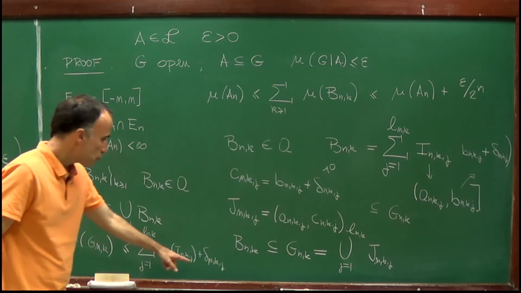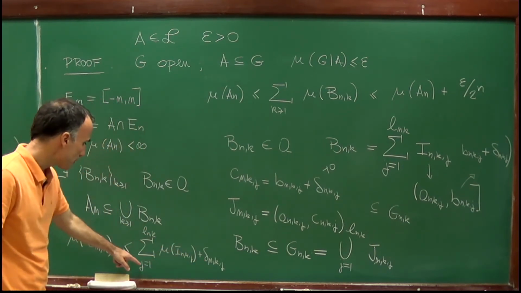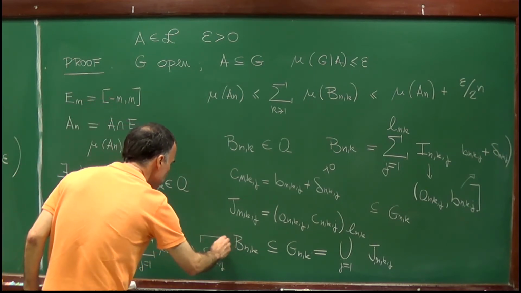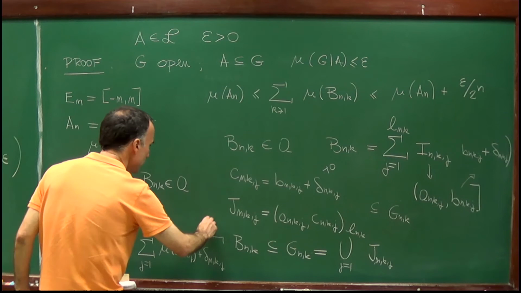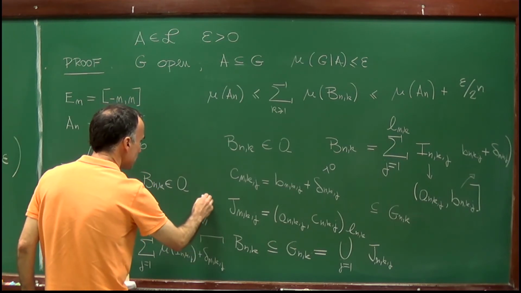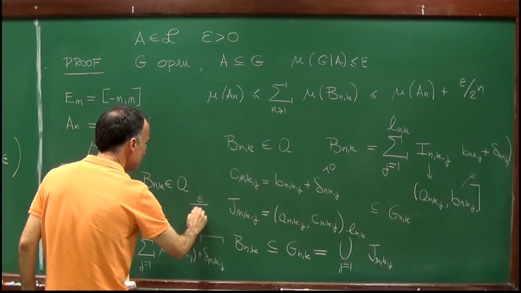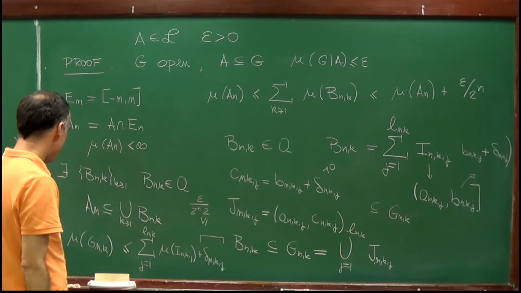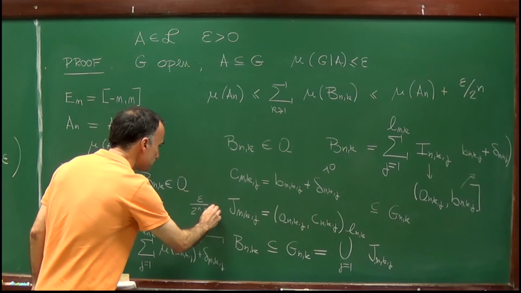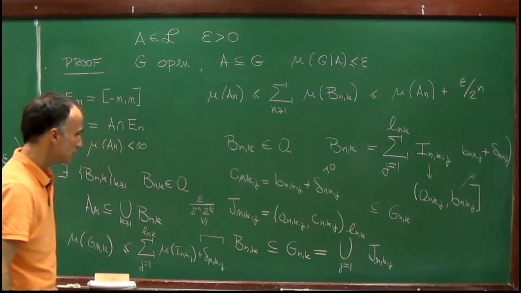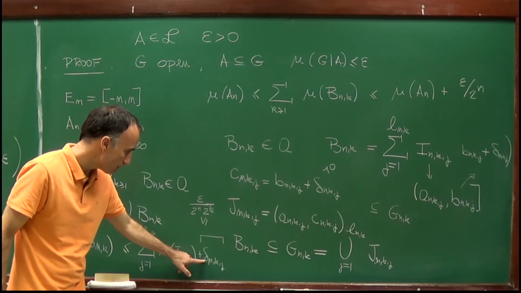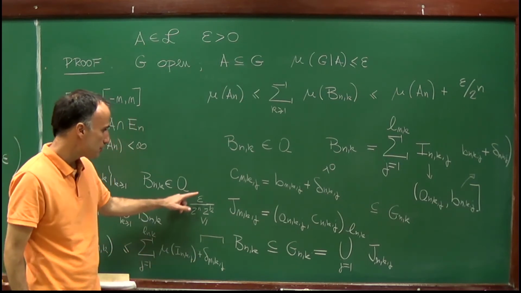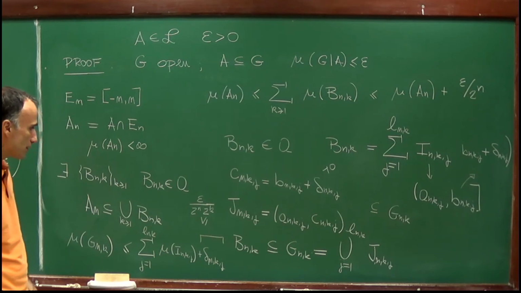Now I will choose these deltas in such a way that the sum of these deltas is bounded by epsilon divided by 2 to the power n, divided by 2 to the power k. I'll choose each delta very, very small in such a way that this finite sum of deltas is bounded by this quantity.